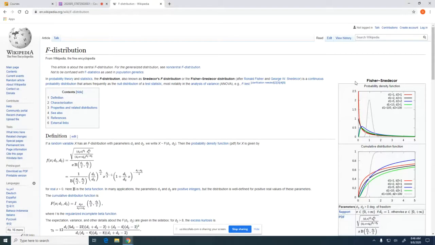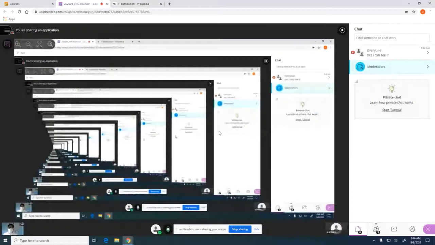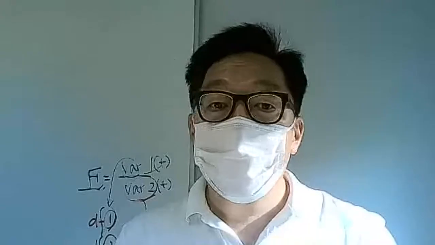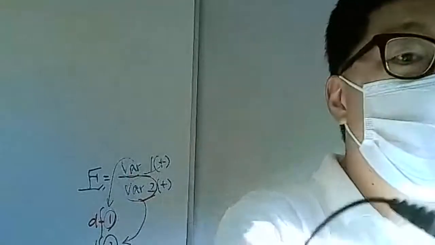So basically, the F distribution was defined as the ratio of the two variances, so we can take the two degrees of freedom, right? So let me go back. Is it clear?